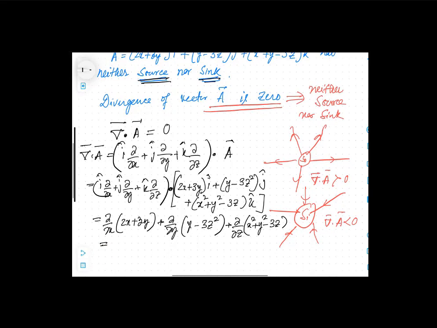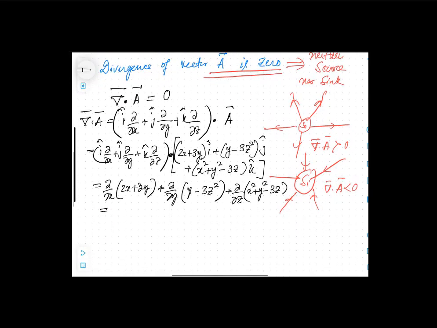So when I have del x of 2x plus 3y, that means I have to do the partial derivative of the bracket 2x plus 3y. So all the x terms will be differentiable, but the other terms will be considered as constant.